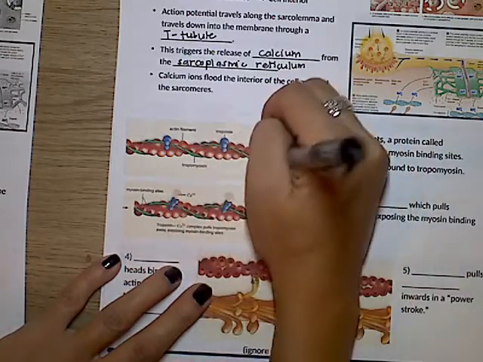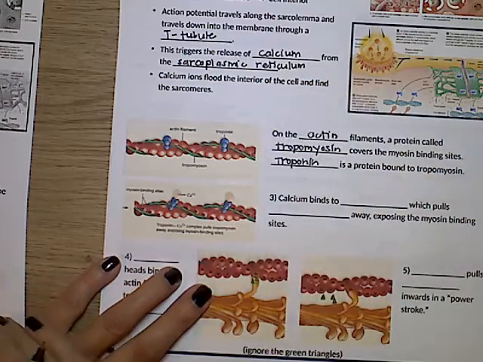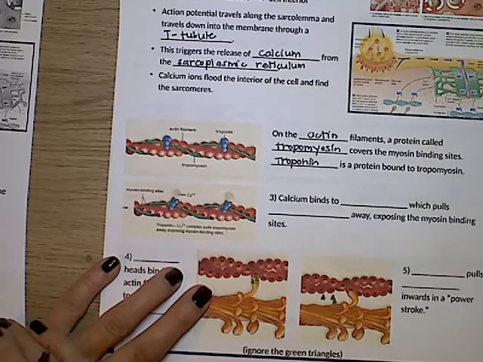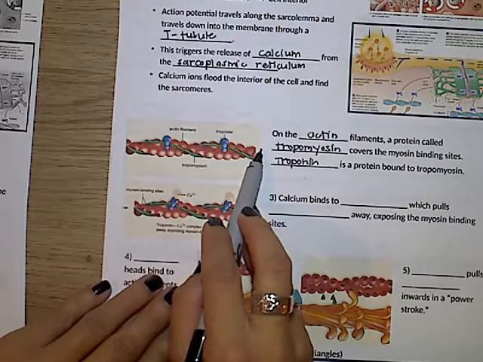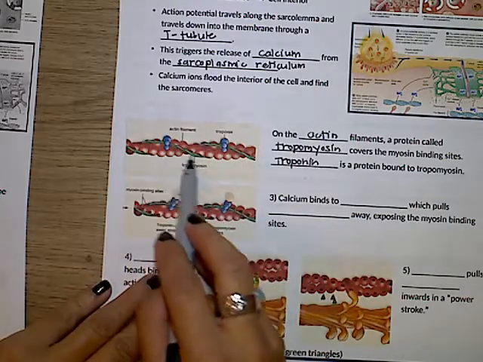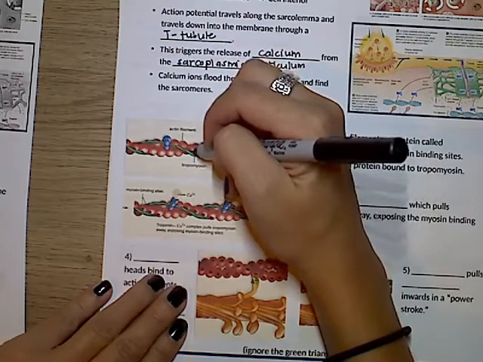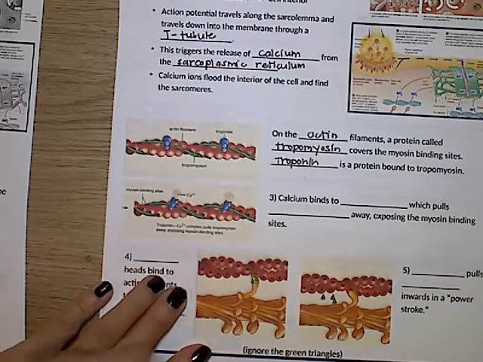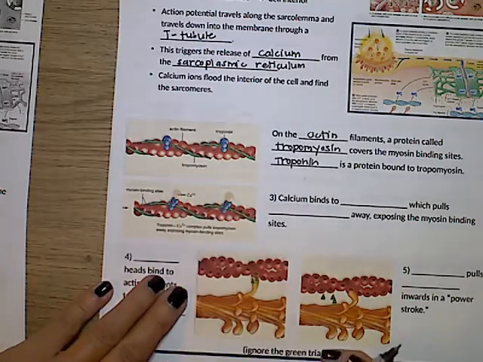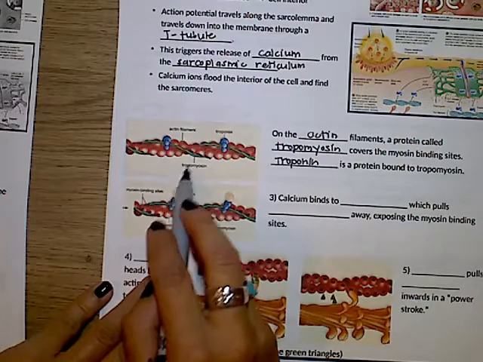And troponin is a protein bound to tropomyosin. Okay, so we've got actin, the thin filament. This green here is the tropomyosin, and I don't know if you can tell in this picture, but there's these little binding sites right here that myosin wants to bind to, and it's covering it up. So right now, in this picture, myosin cannot bind to the actin.